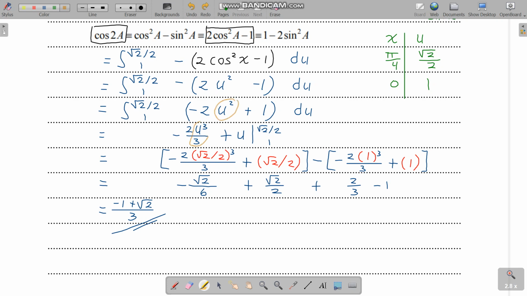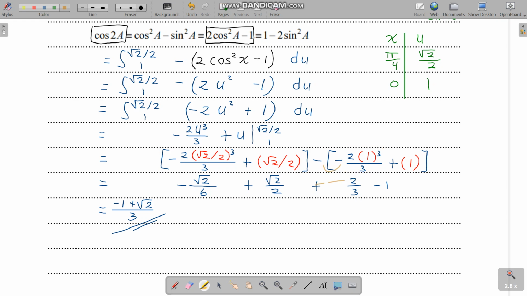That's how we integrate, and the integral of 1 is just u, and we plug in root 2 over 2, plug in 1, and simplify. So if we use a calculator, from this part you're going to get root 2 over 6, and from this part it's just 2 over 3.